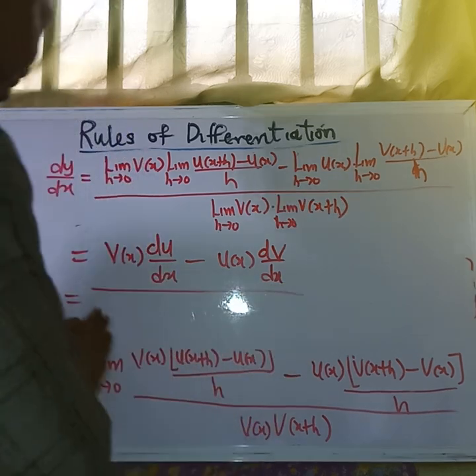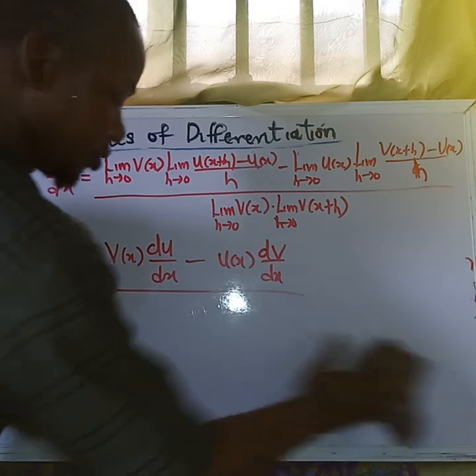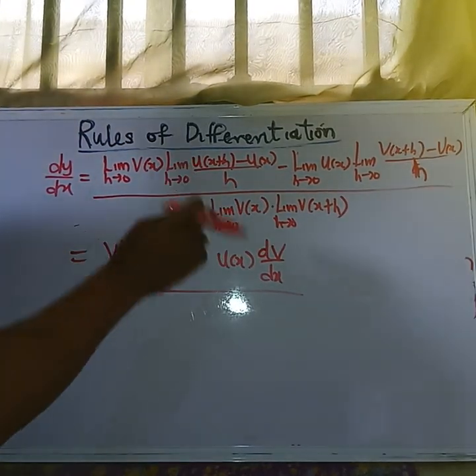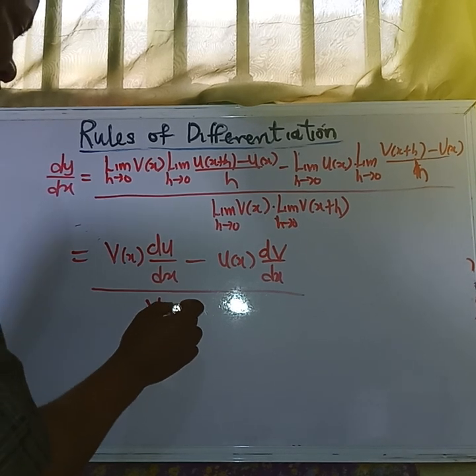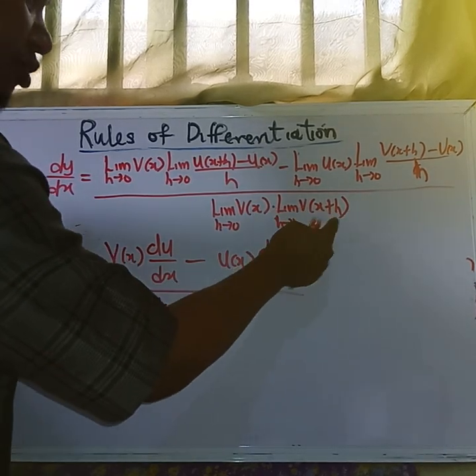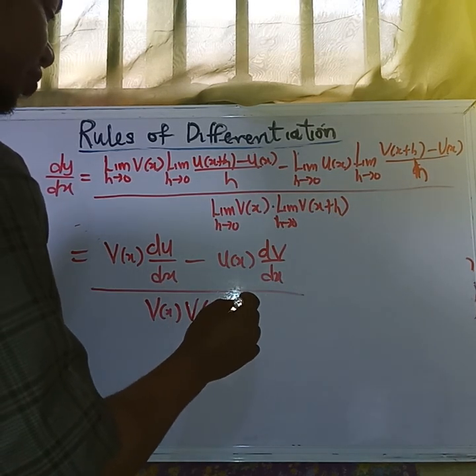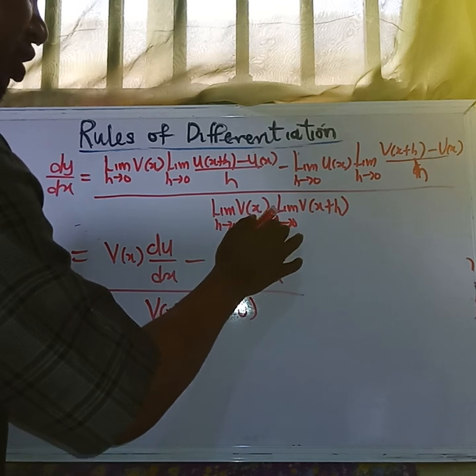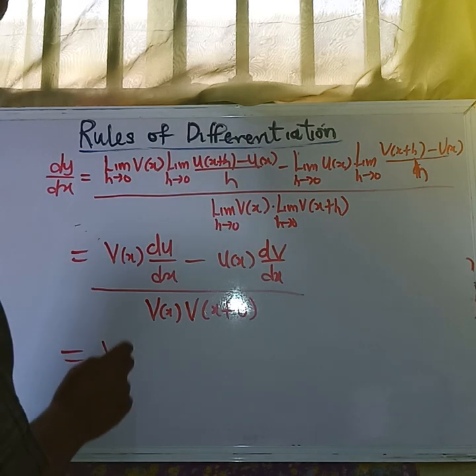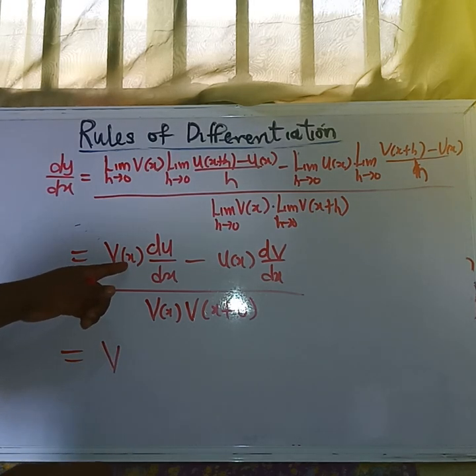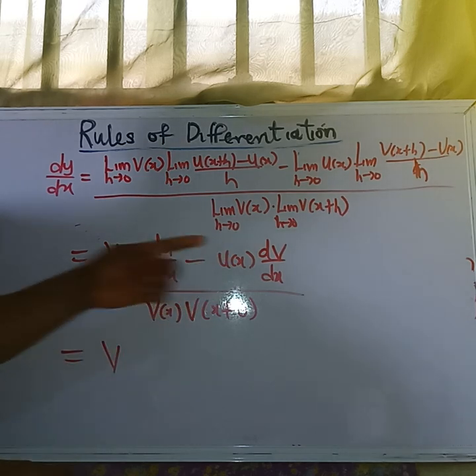And lastly, at the denominator, this limit will not affect this v because it is also independent of h, but this limit will affect this because this has an h term there. This is v of x plus 0, so wherever we see h, it equals 0 there. So for brevity, we write v for v of x, and same thing for u.